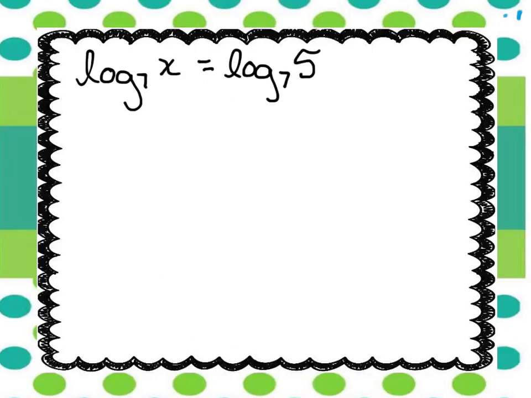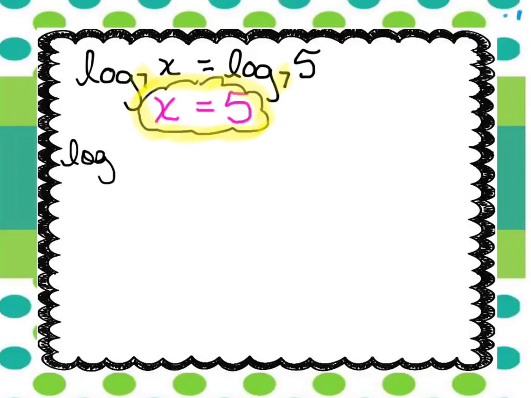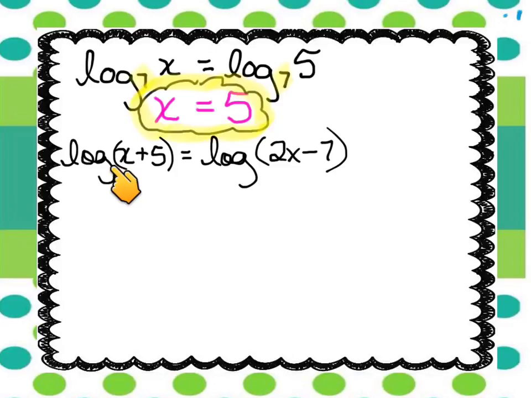However, in this case, we don't have exponents, we have logarithms. So we're going to inspect the base of the logarithm. They're the same, so these values should be the same. Okay, so x is simply 5. In a situation like this, where we don't have a base, we know it's understood to be 10, so the bases are equal. Now we can just set these pieces equal to each other and solve for x.